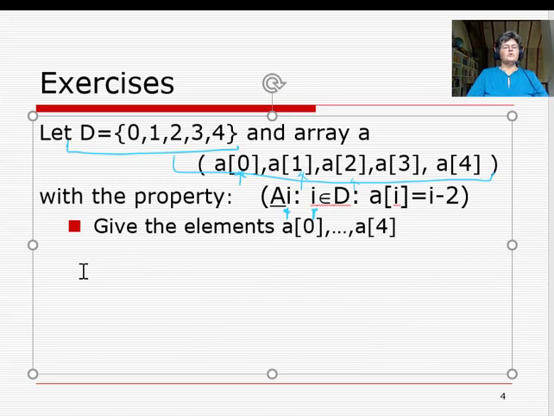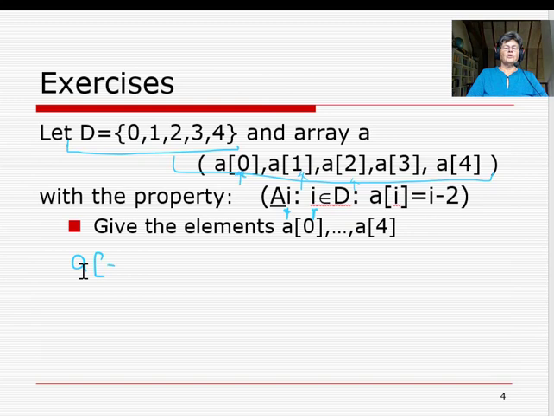Okay, let's make some space, and the other questions we'll do later. So give the elements A0 until and including A4. Let's try to start with A0. If we look at the property, we know that A0 equals 0 minus 2. This is the corresponding value. So A0 equals minus 2. A1 would be 1 minus 2, so that would give us minus 1.